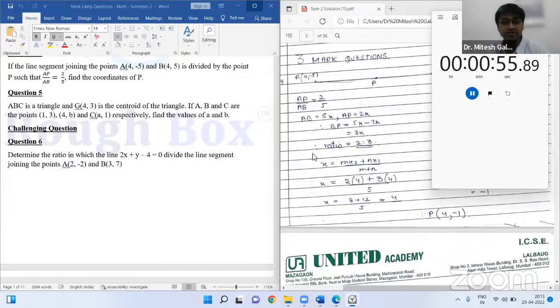I'll show you the solution. First, let people try. Sir, we need only the ratio, I think. Yes, but to get the ratio, we'll have to first find coordinates lying on AB in terms of m and n. Then substitute them in x, y.